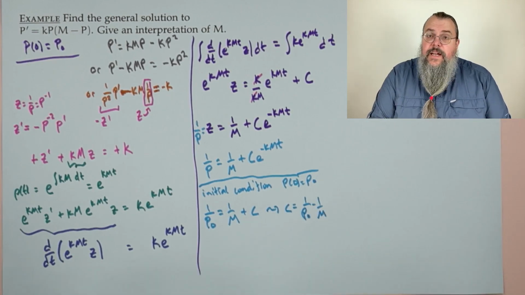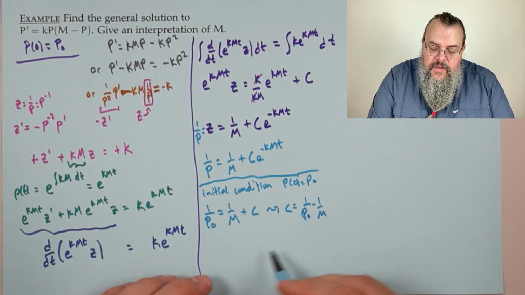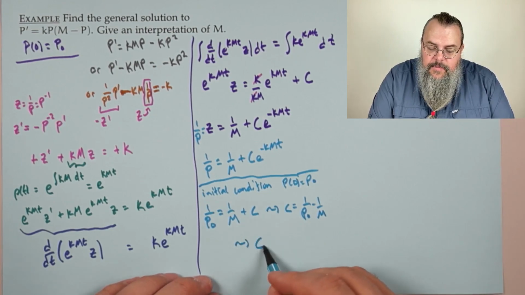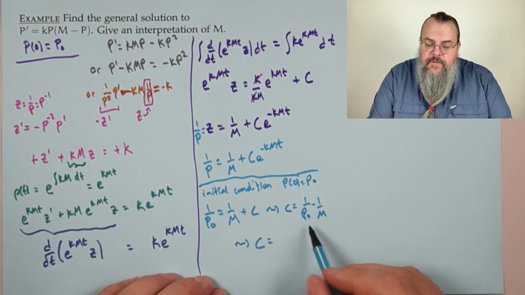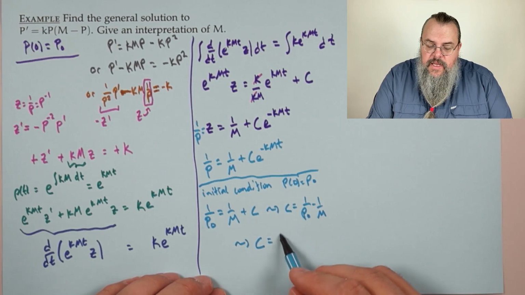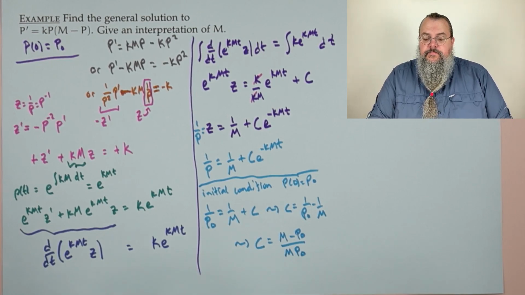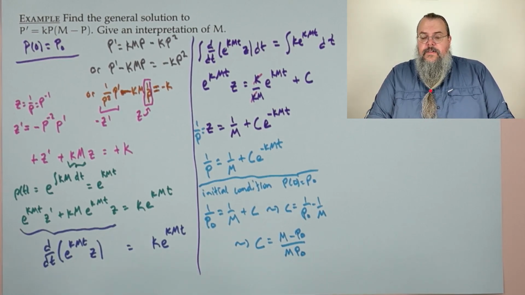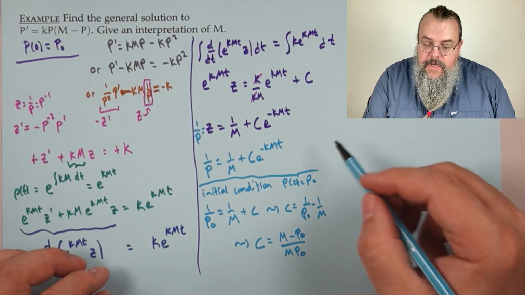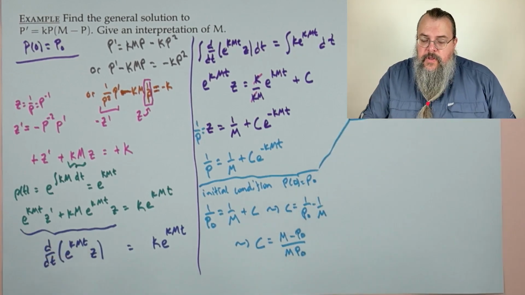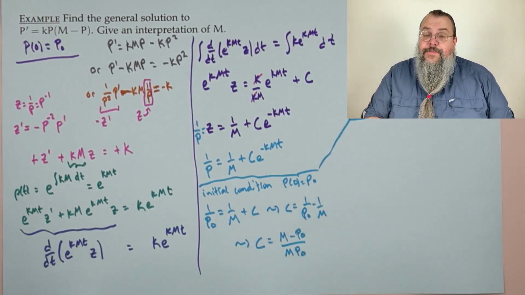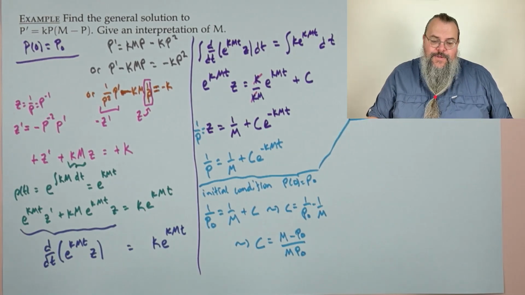Now, we can clean that up by combining it. A common denominator would be m times p0, so it becomes m minus p0 over m times p0. We're almost there.